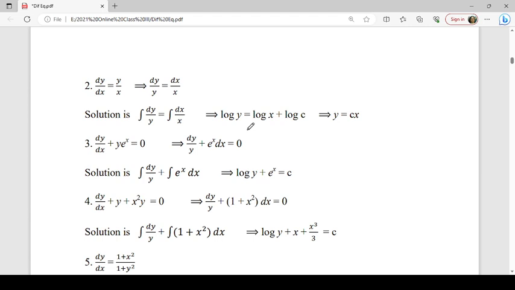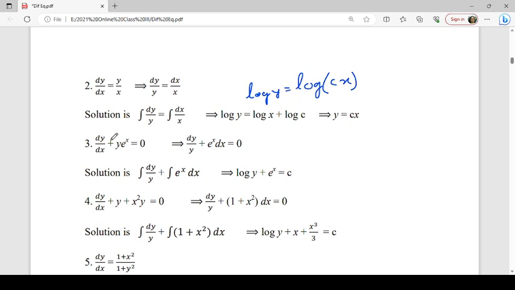Then log y is equal to log x plus an arbitrary constant. We write log c, so that we can multiply cx, because log a plus log b is equal to log ab. So log y is equal to log cx product. Then we eliminate the log and we have y is equal to cx.